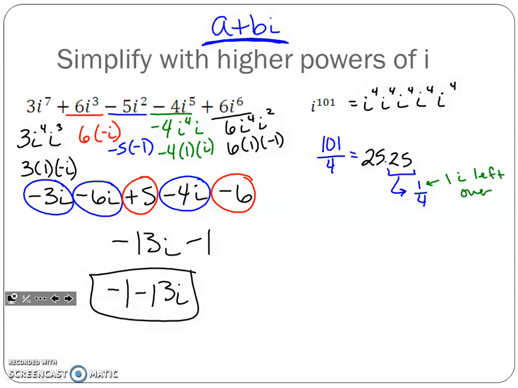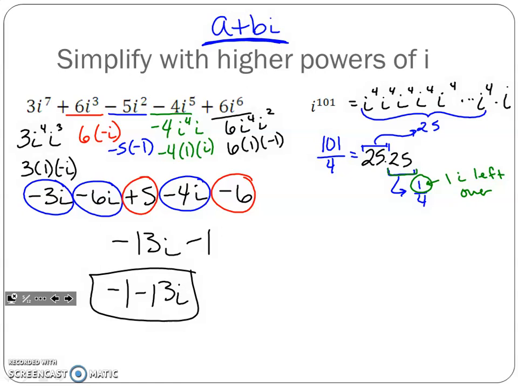So I've got 25 i to the fourth, and I got that from that number right there. And then there is one single i left at the very end, which I got from my remainder of 0.25.